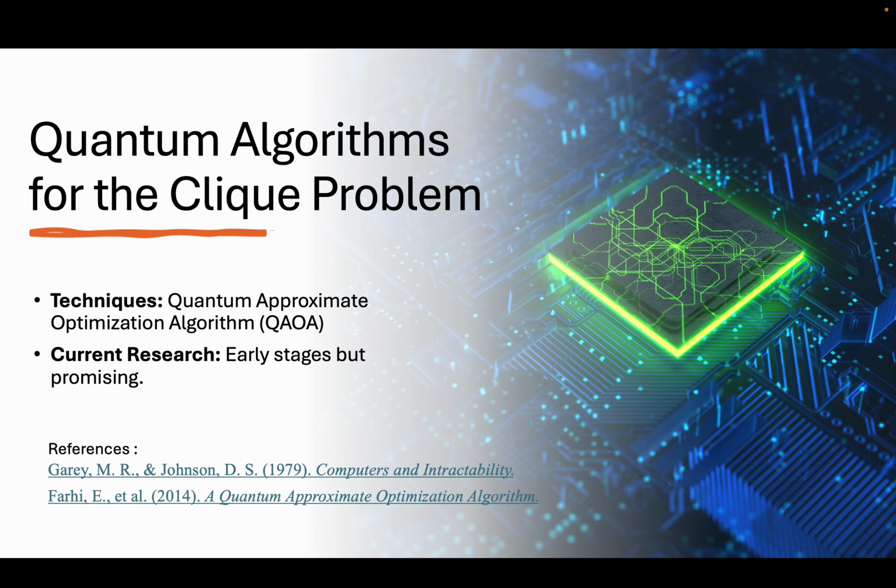So how does this work? It works by turning the problem into a quantum state using two main parts. One represents the problem's goal, the cost function, and the other helps explore different solutions.